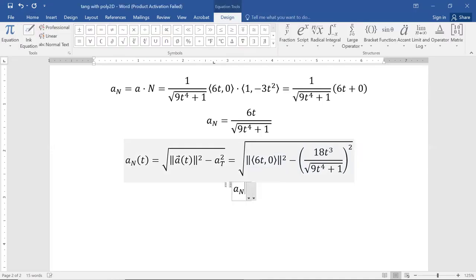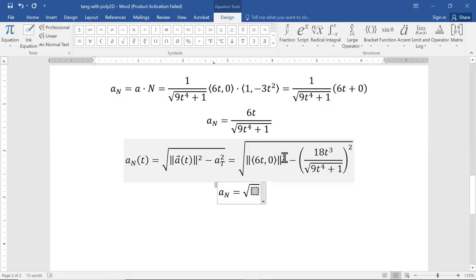So a sub n is equal to, well, if I take the magnitude squared, I'm just going to take 6t squared plus 0 squared, and then the square root and this squared are going to cancel each other out.